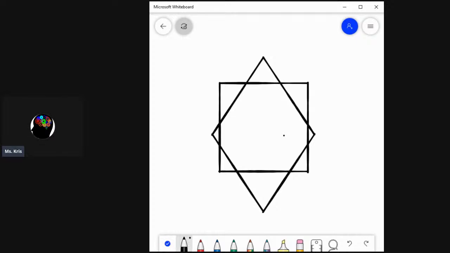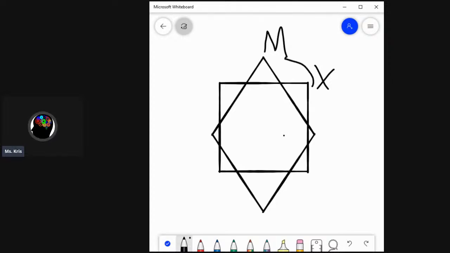So if you started here at M and you get to X, the rotation gives off a degree measurement, and you're able to say, okay, this is rotated based off of a 45-degree clockwise motion or a 45-degree counterclockwise.